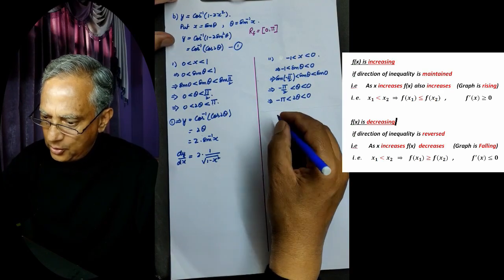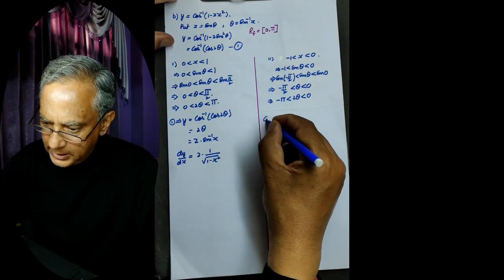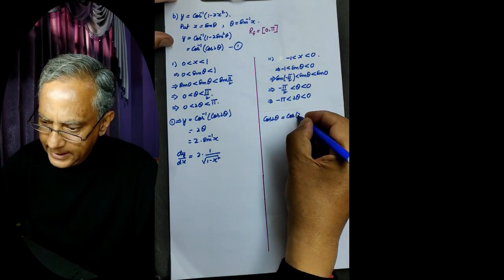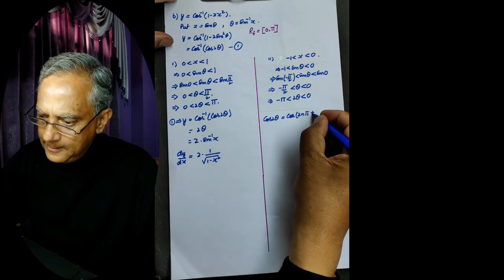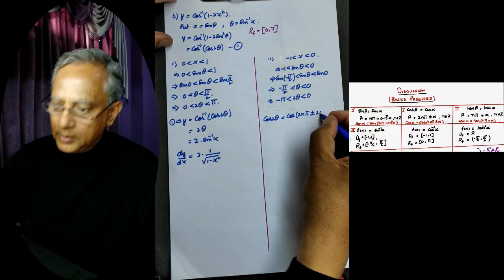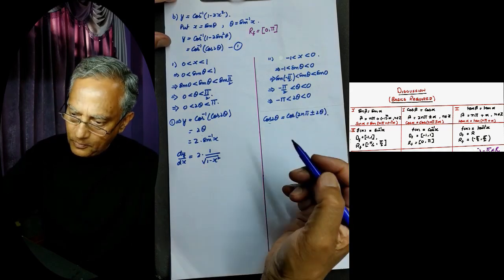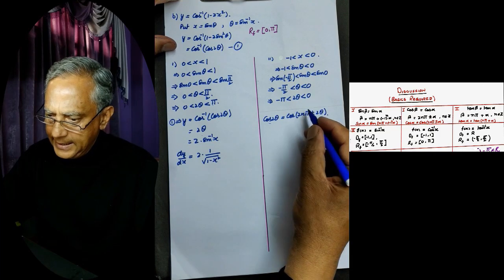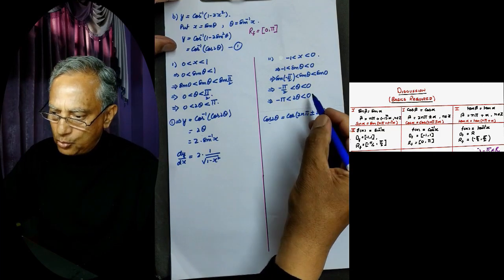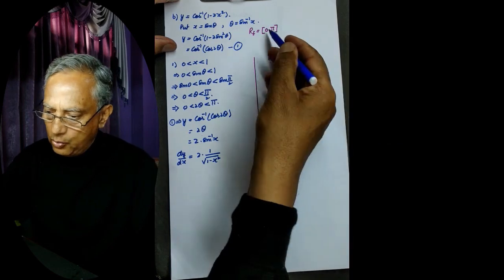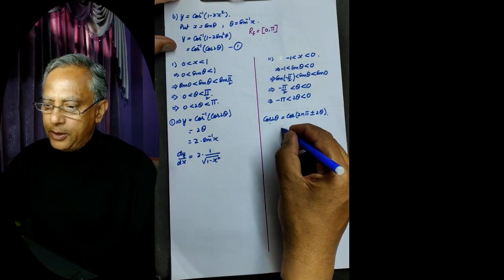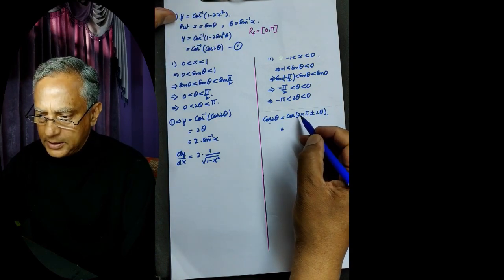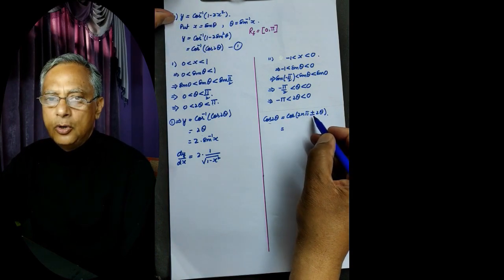What we do is we know cos of 2 theta is equal to cos of 2n pi plus minus 2 theta. This is a standard result. Now we have to choose n such that this is within the range of the function. So let n be equal to 0, then this will be plus minus 2 theta.